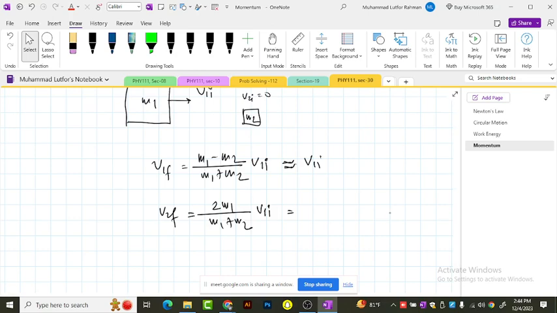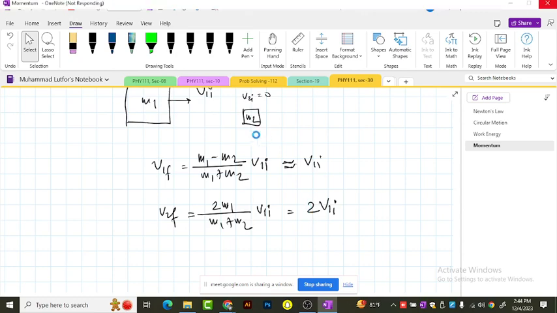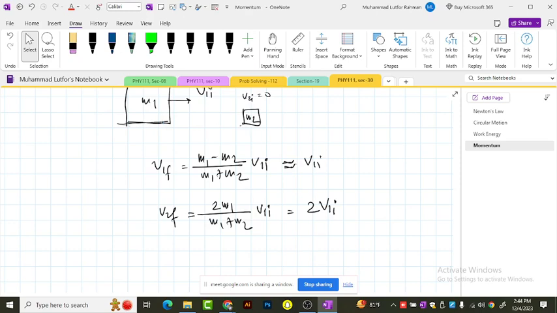In this case, after the impact V2 will move, because this ratio, 1000 divided by 1000 plus 1, is again approximately 1. Then this will be simply 2V1I. That means after the impact, this bigger object is not going to change its motion, whereas this smaller object will move at double the speed of the bigger object, because we found that it is 2V1I.